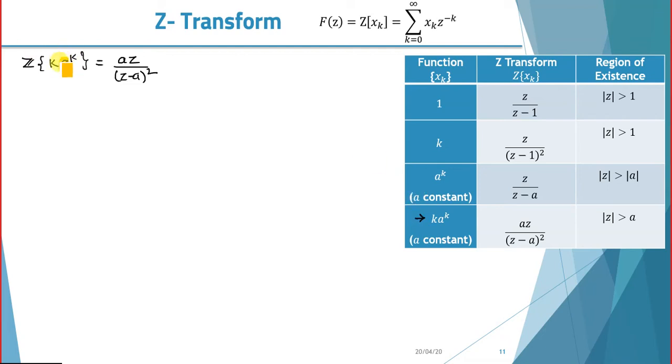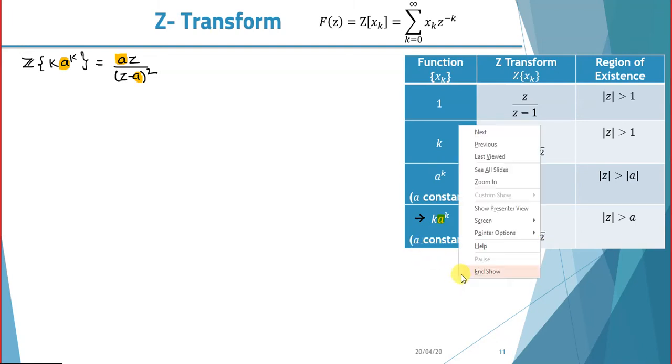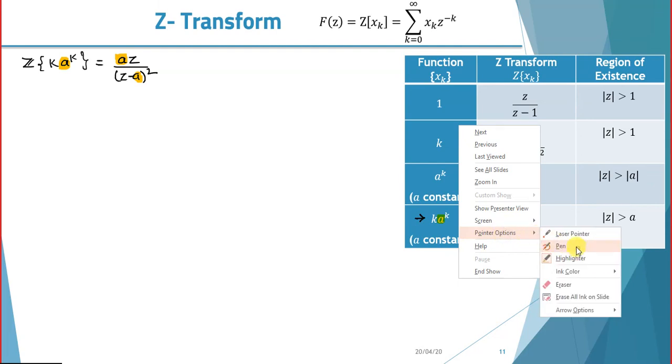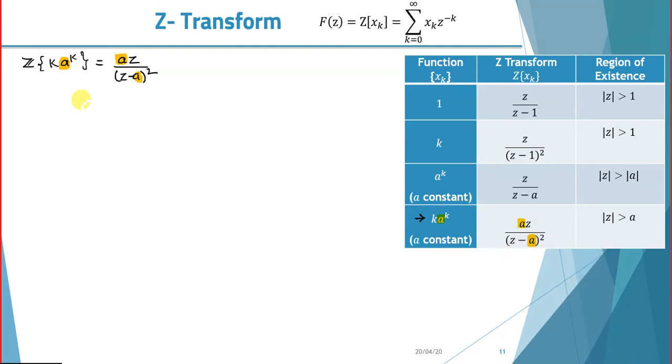Whatever a you are having, you are replacing it at two places, here and here. This is your a, this is a, and this is a. So here you are replacing at two places, and the denominator is squared.